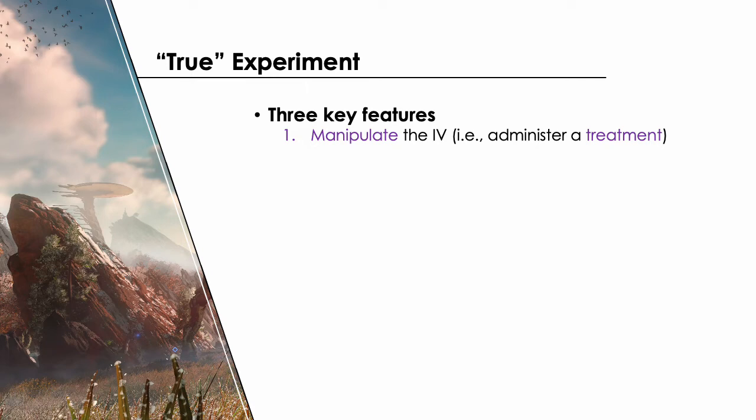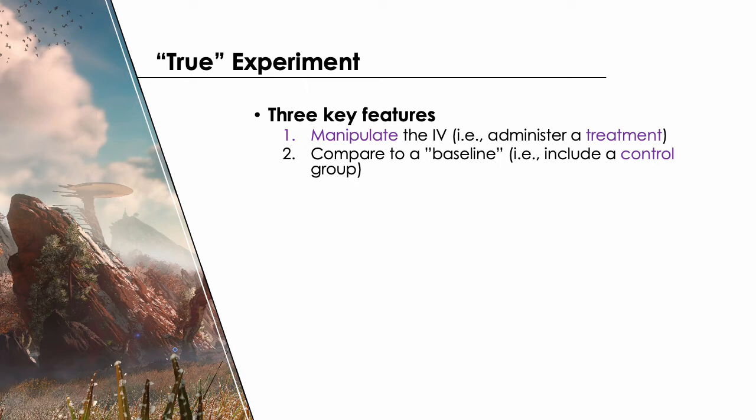So if I wanted to know the impact of violent video games on aggressive behavior, I might assign some people to play violent video games. So I'm actually going to give them a violent video game to play. I'm then going to compare that group to another group of people who I consider as my baseline group, or a control group, is another kind of word that you'll hear thrown around.